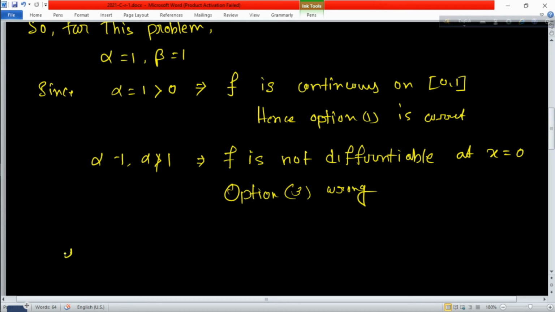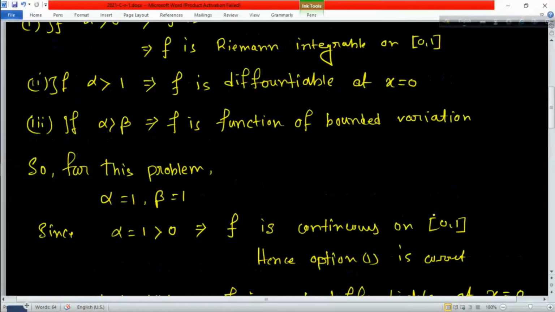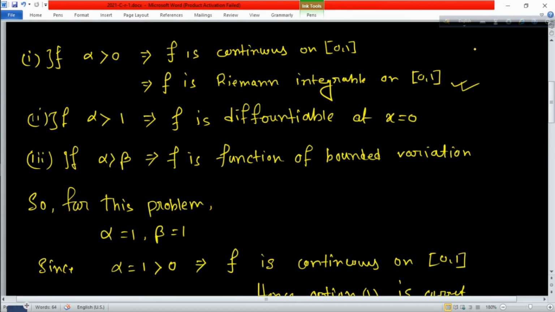Now, alpha equals to 1 is greater than 0, this implies f is continuous. This also implies f is Riemann integrable, as I discussed before: the result is Riemann integrable if alpha is greater than 0.